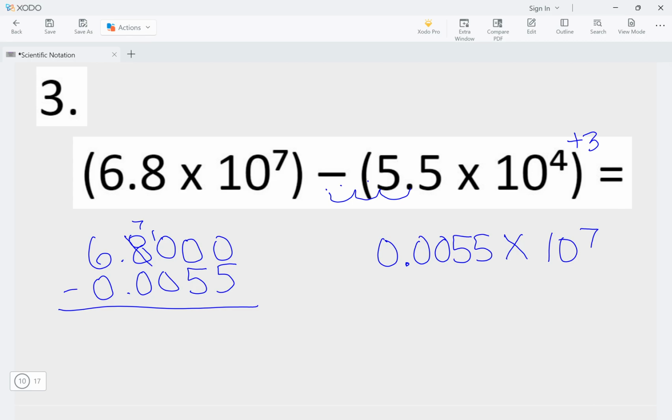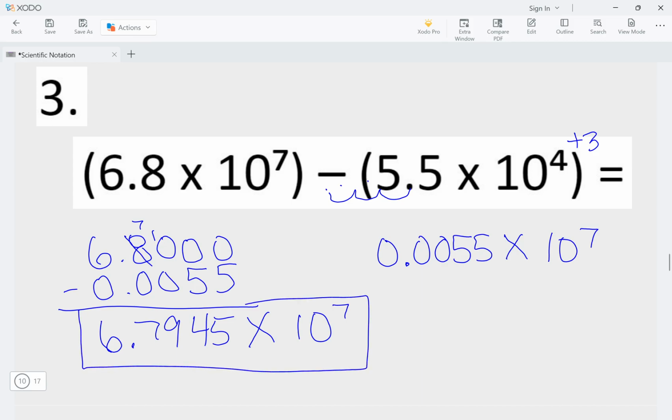I'm just going to do this in the calculator really quick. 6.8 minus 0.0055 ends up being 6.7945. I times that by my power 10 to the power of 7. This is between 1 and 10, so that is a good answer.